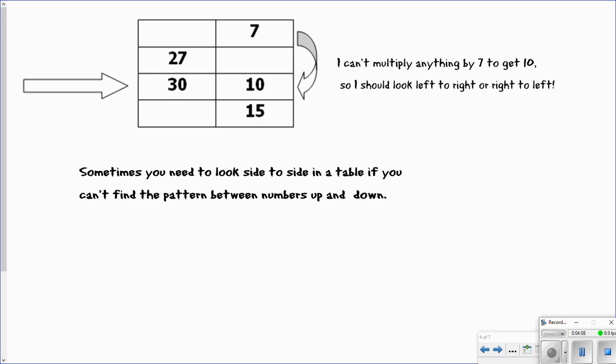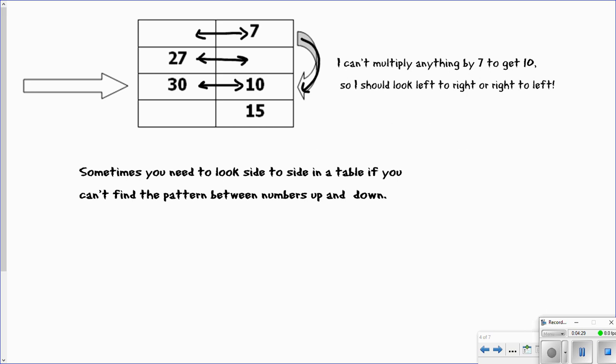Sometimes you need to look side to side in a table if you can't find a pattern between numbers going up and down. So looking from here to here, I cannot get from 7 to 10 through multiplication or division. So in this case, I want to look either left to right or right to left.